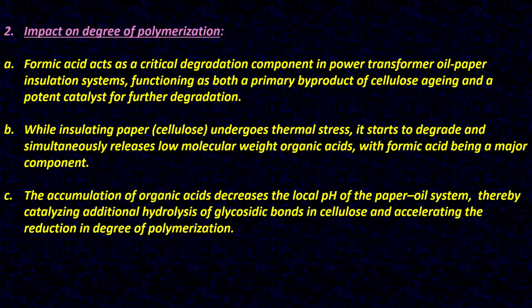Number 2, impact on degree of polymerization. Formic acid acts as a critical degradation component in power transformer oil paper insulation systems, functioning as both a primary byproduct of cellulose aging and a potent catalyst for further degradation. While cellulose-based insulating paper undergoes thermal stress, it starts to degrade and simultaneously releases low molecular weight organic acids, with formic acid being a major component.